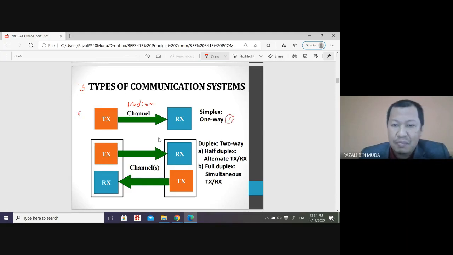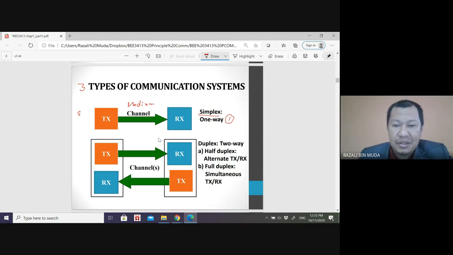The first one we call simplex. Simplex is one way communication between transmitter and receiver. In this case, the direction is only one way, from the transmitter to the receiver. This type of communication is called simplex.